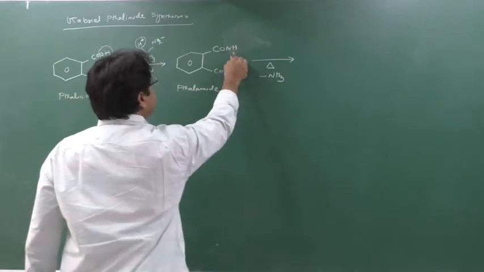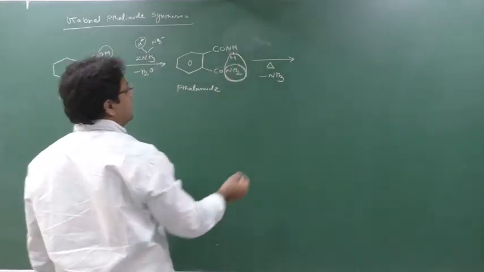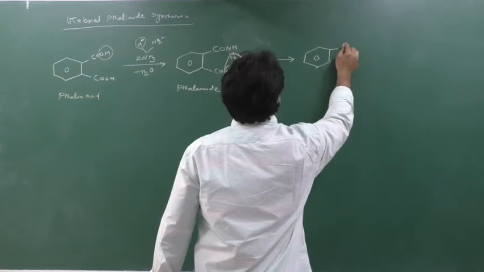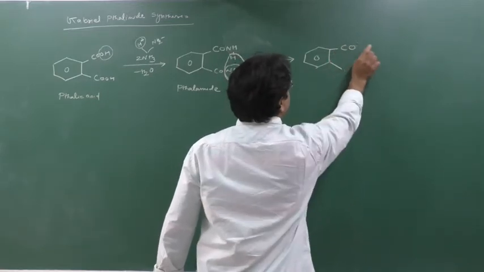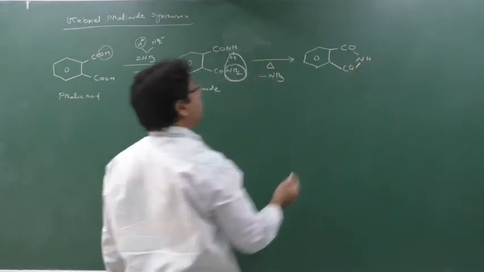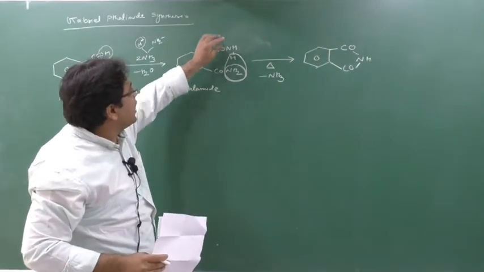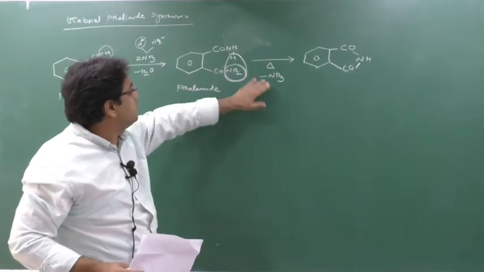This H and this NH2 will form ammonia, and here you will get CO. So this is CO and this is NH, because CO is attached to NH. Out of this NH2, H will be given to NH2, and NH3 will be removed.